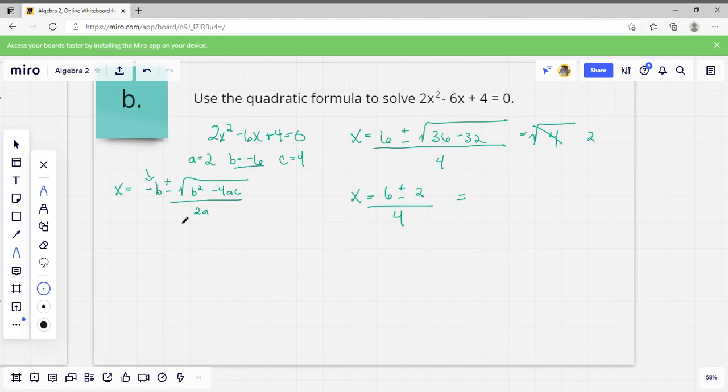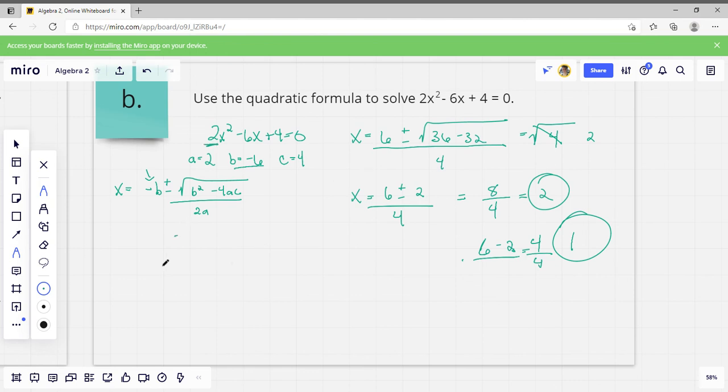Well, 6 plus 2 would be 8 over 4, which is going to be 2. 6 minus 2 would be 4 over 4, which would equal 1. So the answers are 1 and 2. That one wasn't too difficult. And that makes it easier when you have a coefficient right here.